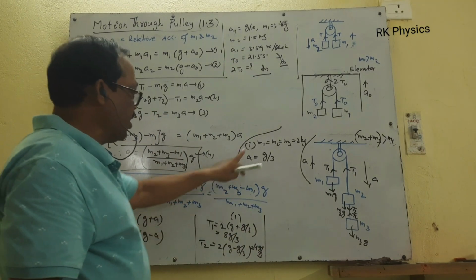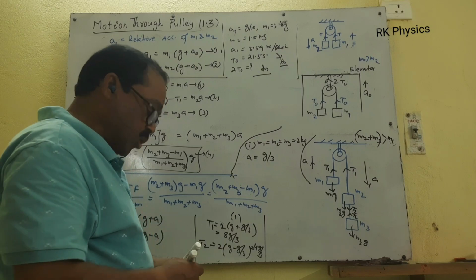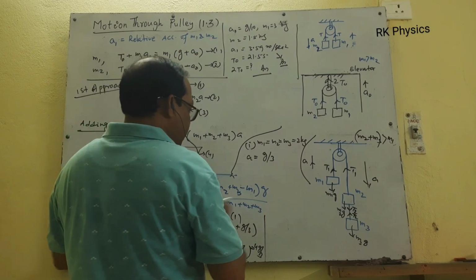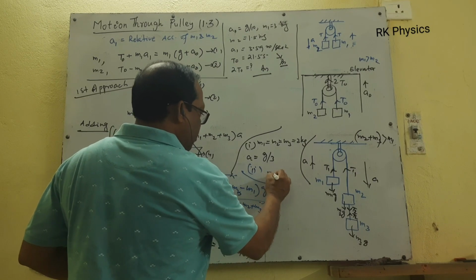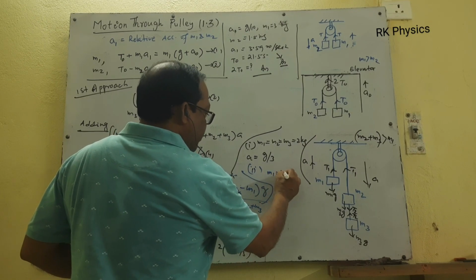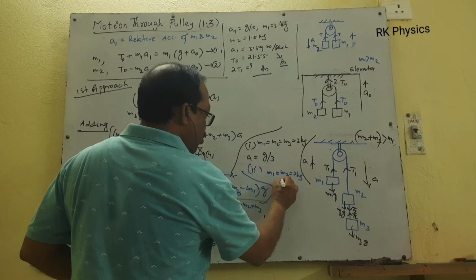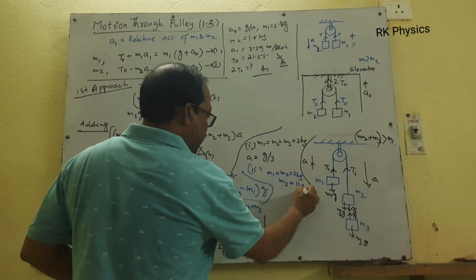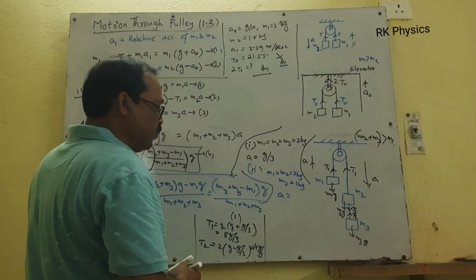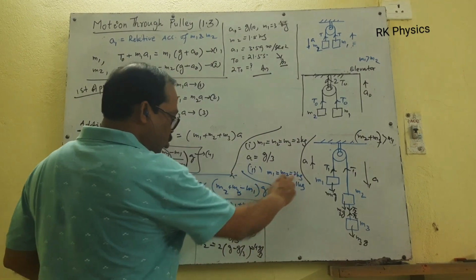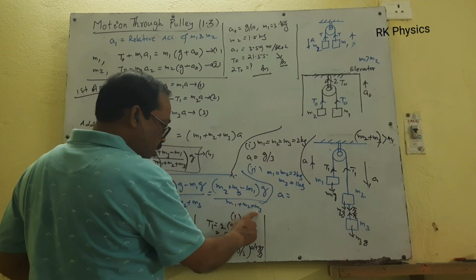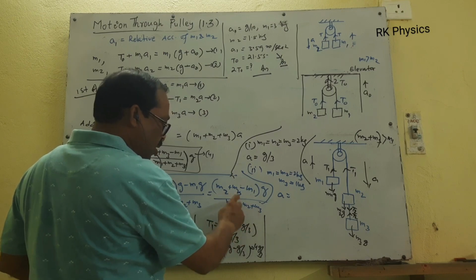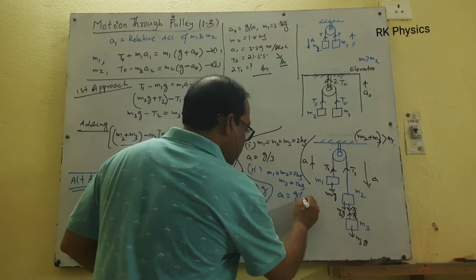Now take another problem with the same approach. M1 equal to M2 equal to 2 kg, suppose M3 equal to 1 kg. Then what is the acceleration? M1 and M2 equal to 2, these two again cancel, M3 is 1, so 2 plus 2 plus 1 is 5. So acceleration becomes g by 5.